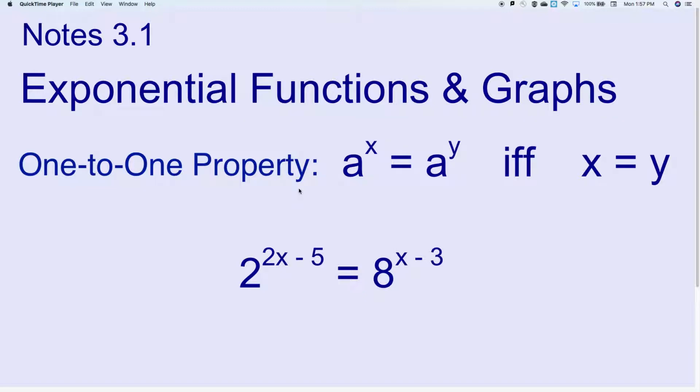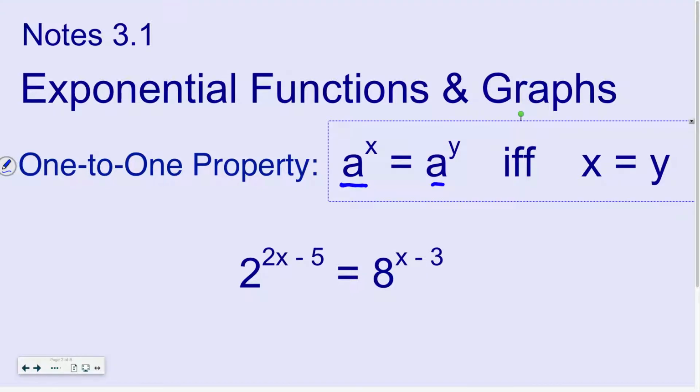All right, here's our one-to-one property: a to the x equals a to the y if and only if x equals y. This should make sense to you if you just think about that. Note that in the one-to-one property, it is important that the two bases for your exponents are the same.